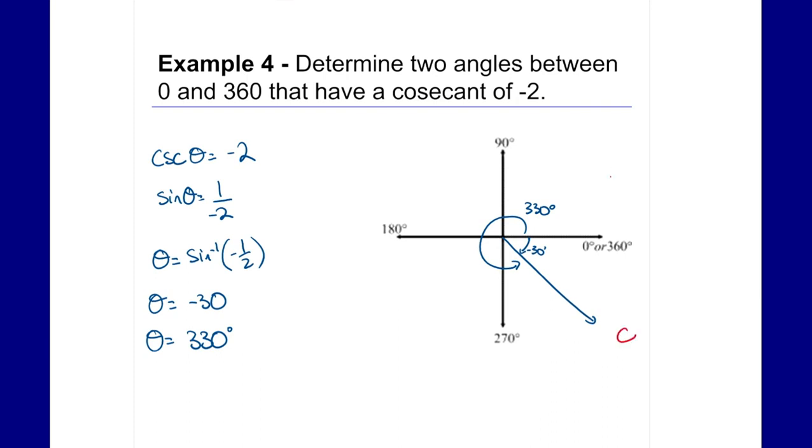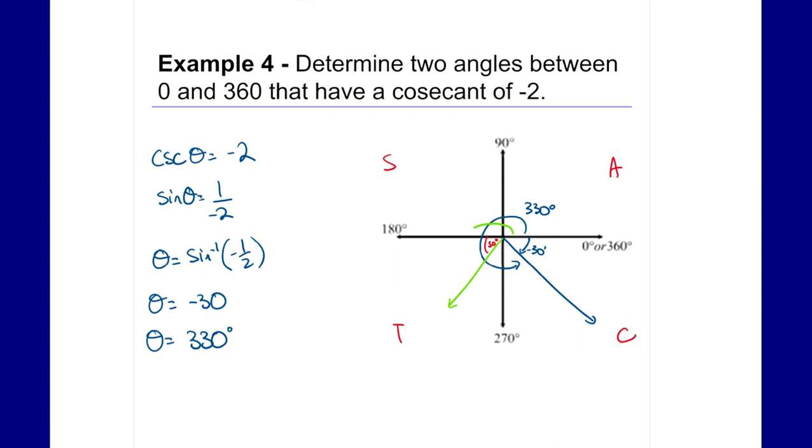So the CAST rule comes into play. I have to have an angle ending up in this quadrant. I'm going to use 30 as my reference angle again to the nearest x-axis, so 30.